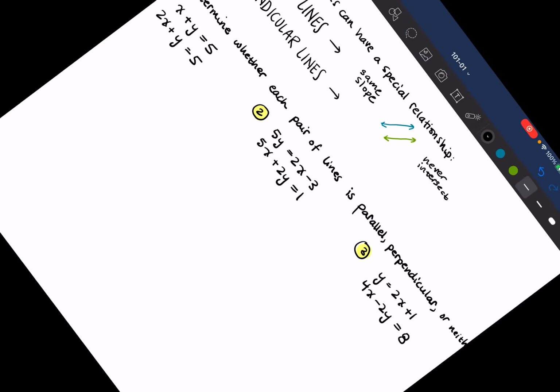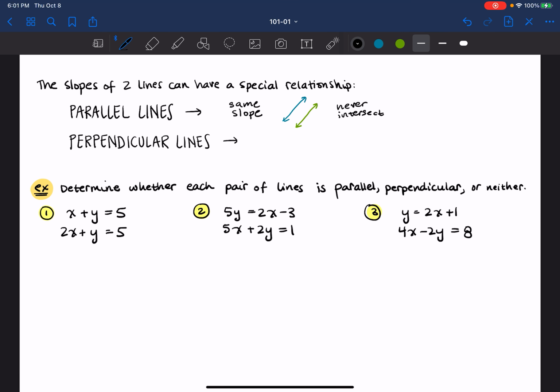Perpendicular lines, however, do intersect, and they intersect in a special way where their intersection gives a right angle. The way those look is like this. Right where they intersect, they intersect perpendicularly.